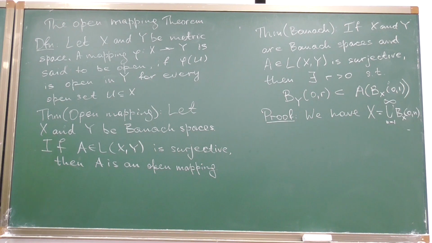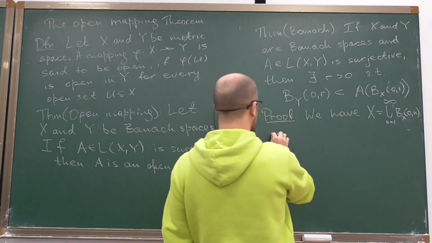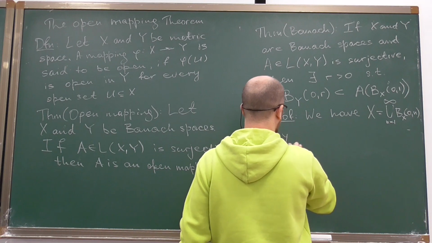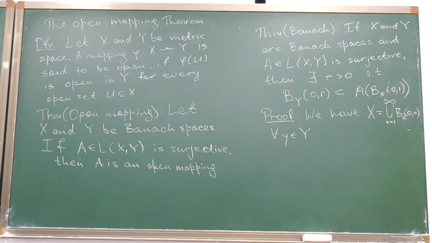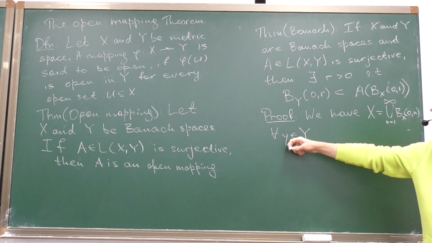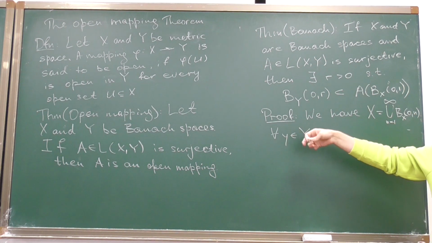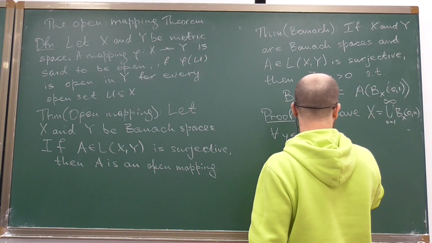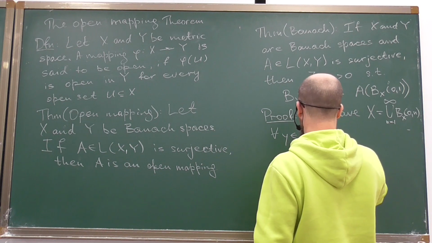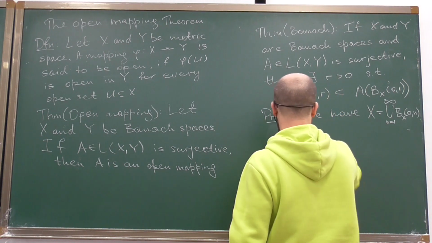Next, let us take an arbitrary element y from Y. Since the mapping A is surjective, so it's onto this space, y equals A of x for some x from X. Let me write it in words.